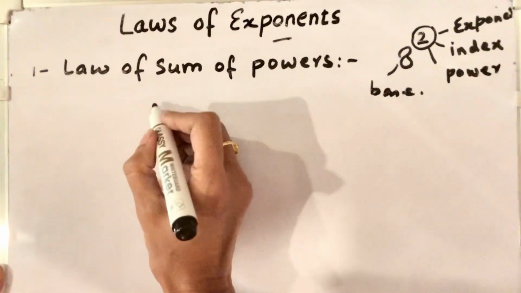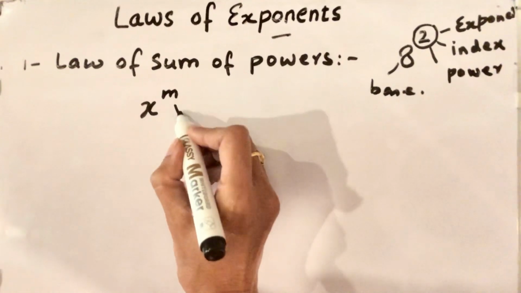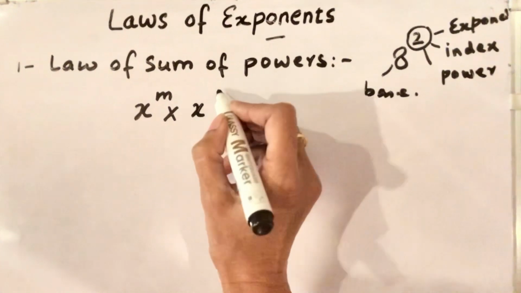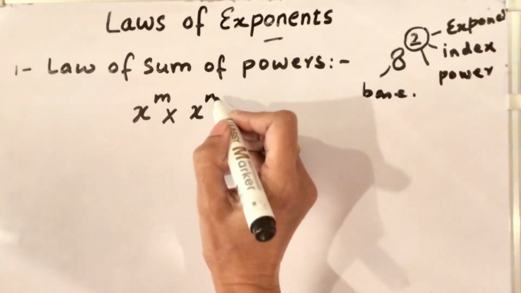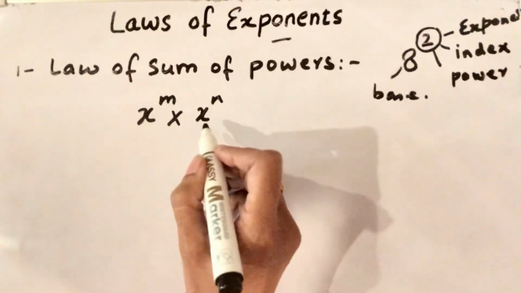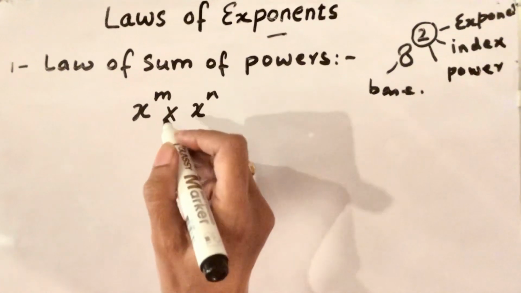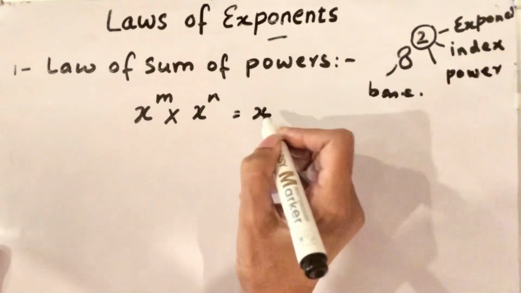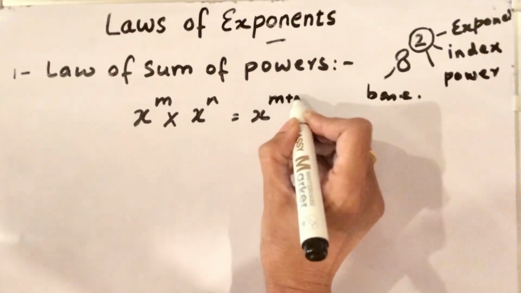For example, we have a base x with power m multiplied by x with power n. So when multiplying like bases, their powers will be added. Here we keep x the same and their powers will be added.